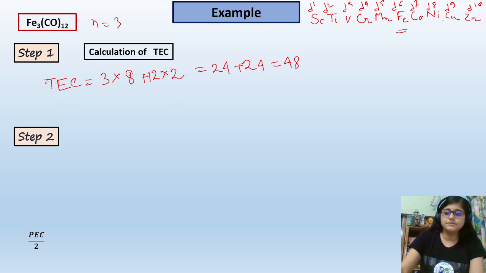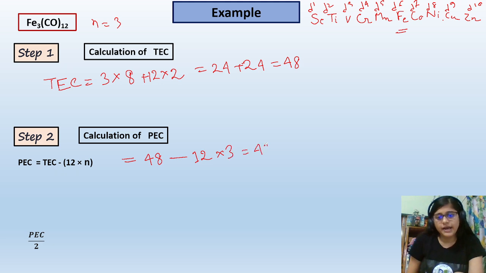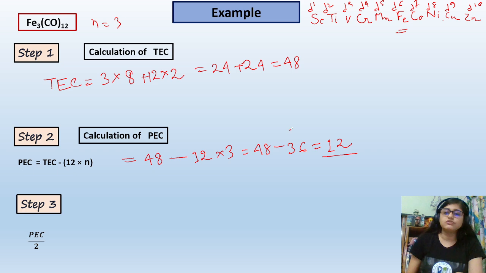Now step 2 is the calculation of PEC, and PEC we know is TEC minus 12 into n. N is 3. So 48 minus 36, that will be what? 12. Okay.